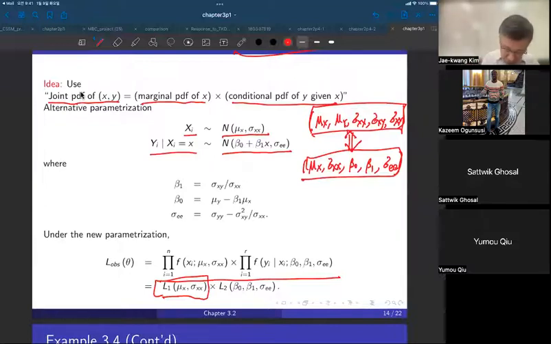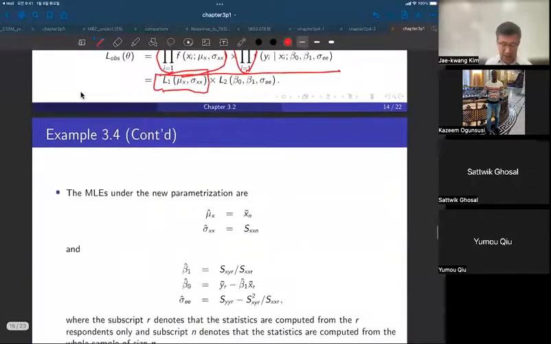You can use the whole sample to obtain the MLE for the marginal density parameters, and then use the complete cases only to compute the MLE of the conditional distribution parameters. So that's also easy.